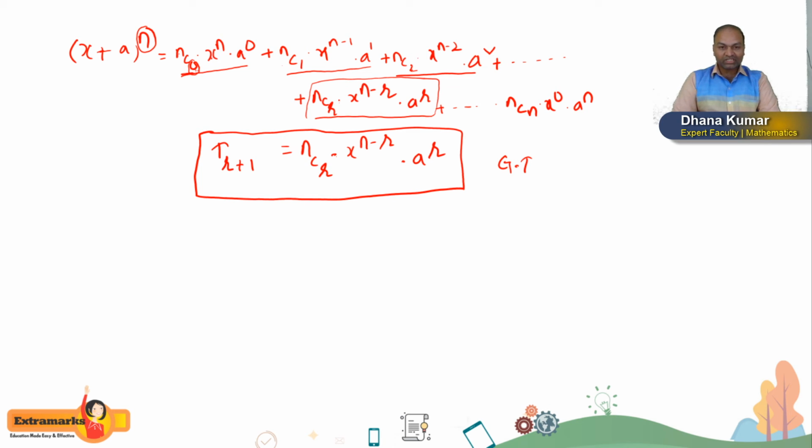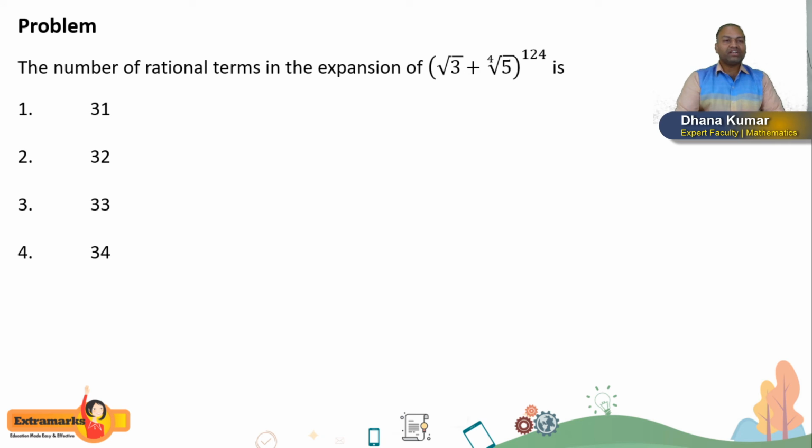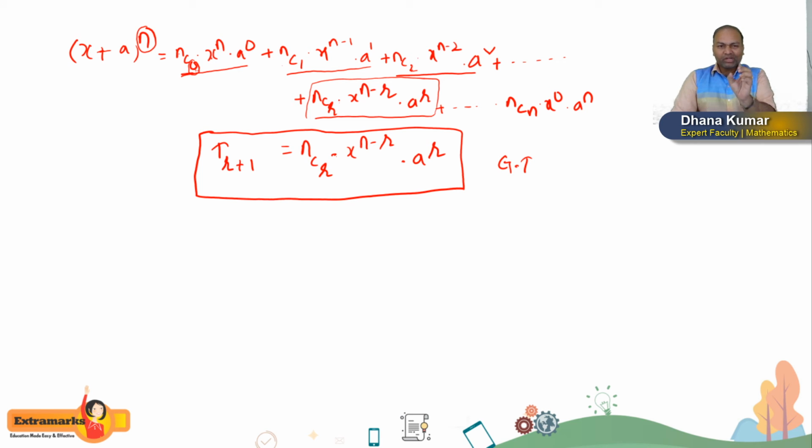Now let us come to the first problem: the number of rational terms in the expansion of this. Before that, one more small important point: when will we use this general term? Suppose find the coefficient of x power 10, x power 20, x power r. At that time apply the general term.